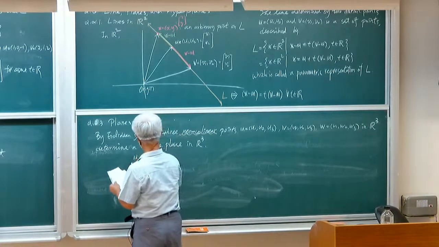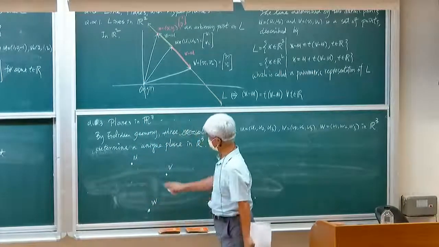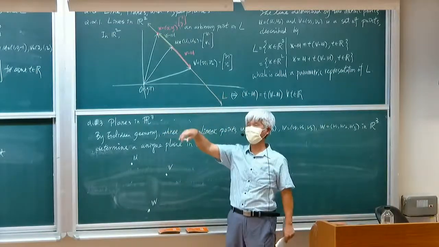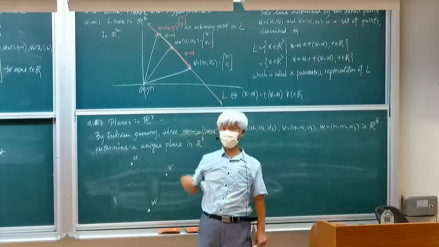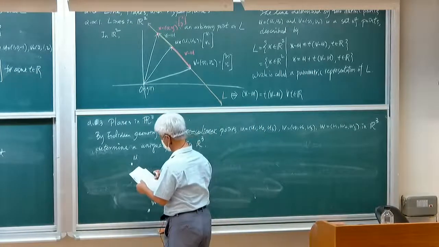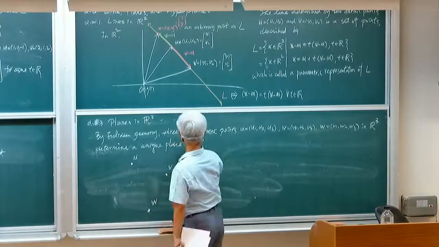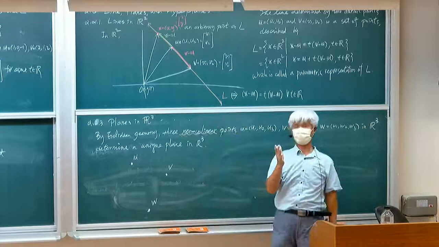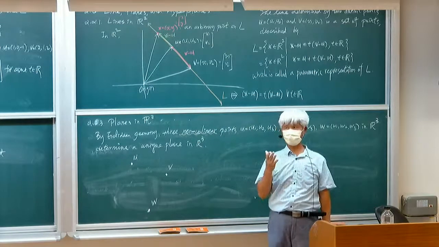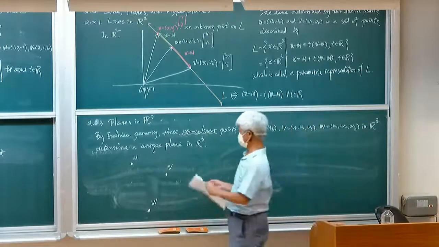This is U, this is V, this is W. And we say that they are non-collinear, right? So it's a concept, a word, but how do we describe it mathematically, especially in terms of the language in linear algebra?